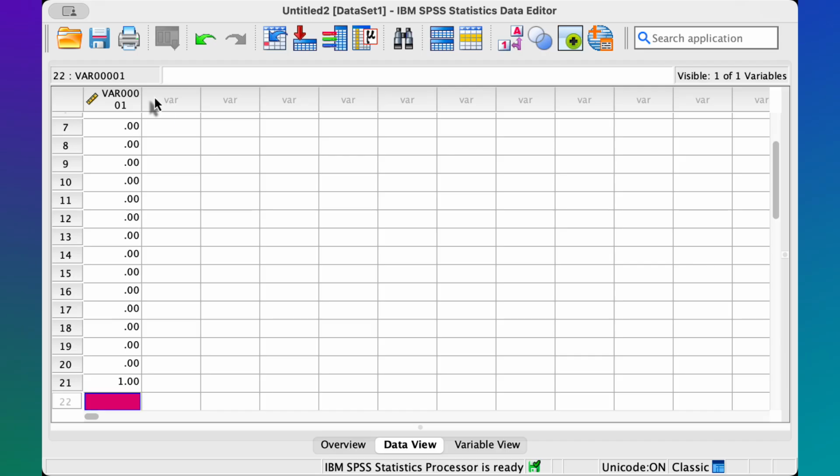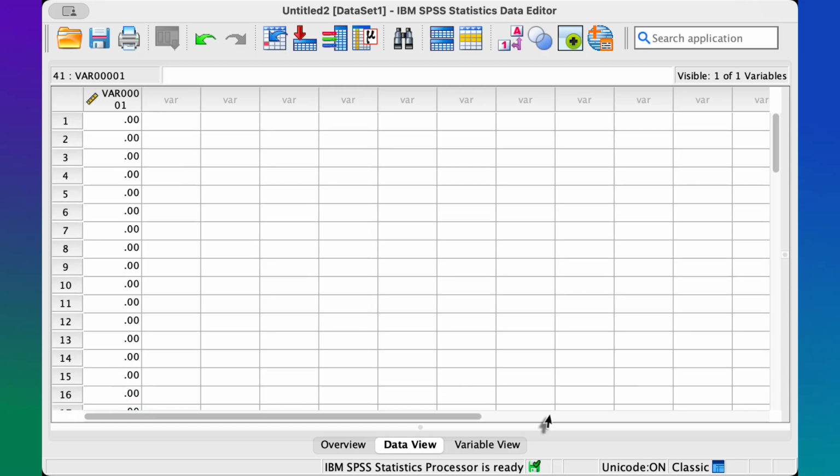The second column is your dependent variable. This is labeled brain. Again, code 1 for a correct answer, code 0 for an incorrect answer.